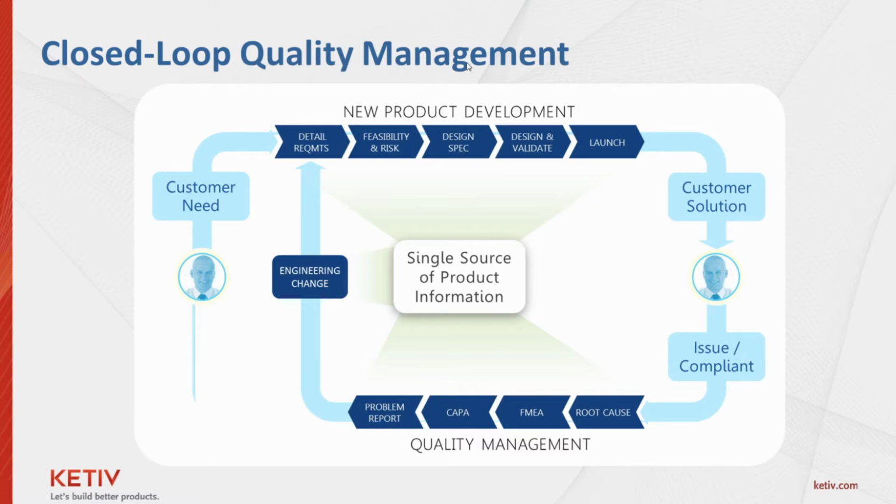Now, just as an example of that, here we have a really good pictorial graph. We all know that we go through our new product development. As we go through our product development process and we launch our products to customers, we're going to get some feedback from them. There are potential issues that might come up. We might get some complaints. We might get some product failures. As we have this feedback with our customer, we're able to determine what the root causes are.